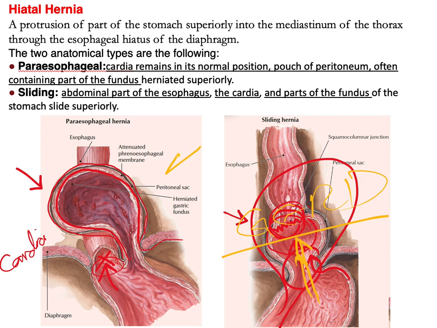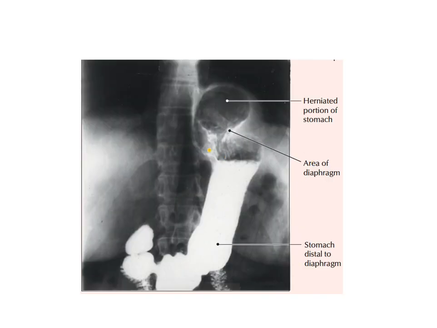So this is the paraesophageal hiatal hernia and this is the sliding hiatal hernia. This is a herniated portion of the stomach. This is the esophagus, and this is the herniated portion of the stomach. This is the shadow of the stomach distal to the diaphragm. It should be the location of the diaphragm.